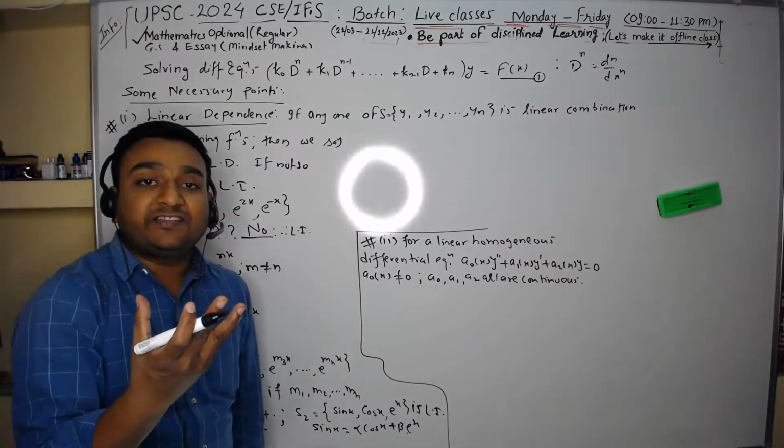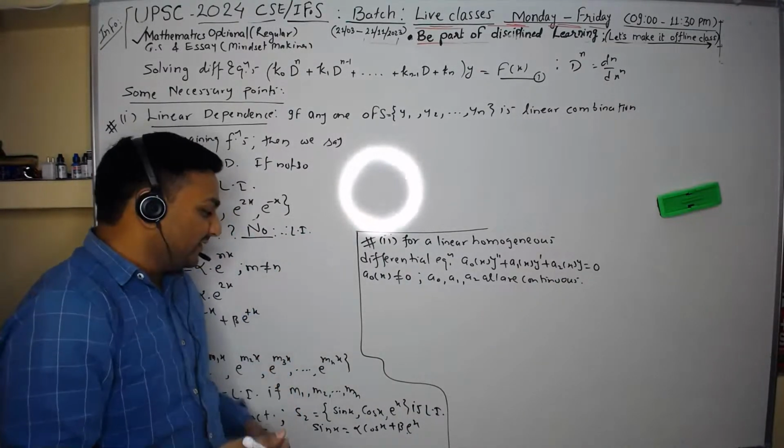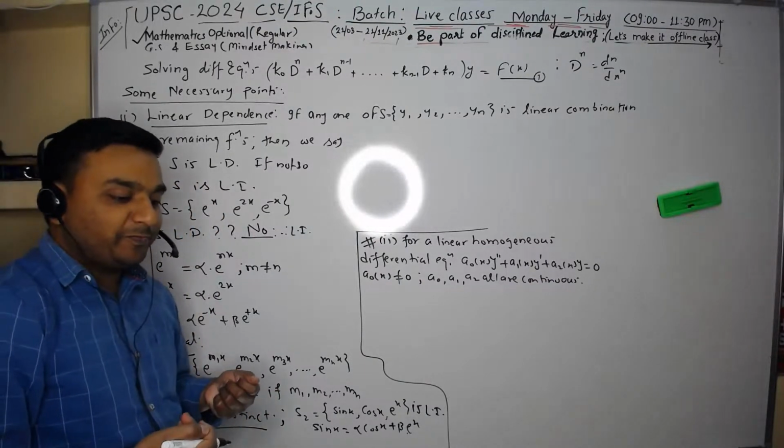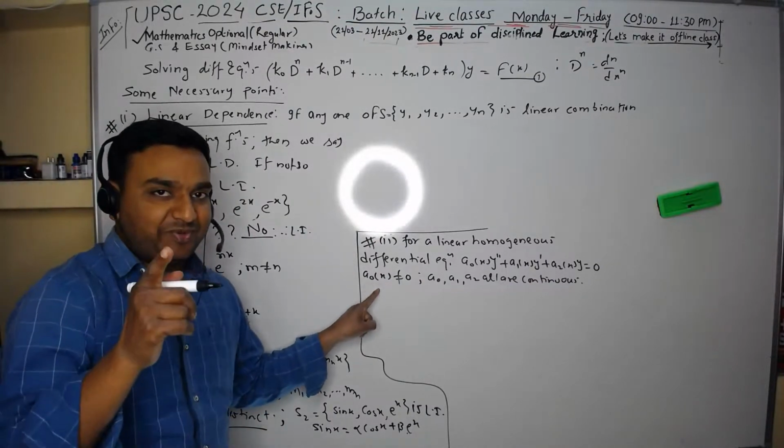You know why you write CF as C1 exponential m1x plus C2 exponential m2x? This is the reason I'm going to give now.